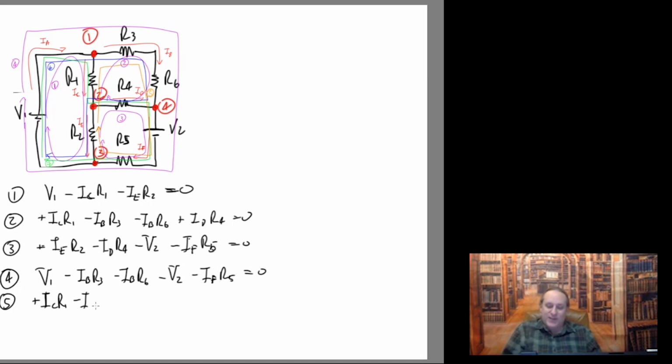Then a minus IB R3, and a minus IB R6, then a minus V2, a minus IF R5, and then finally a plus IE R2. So you might have put the IE R2 first instead of last.